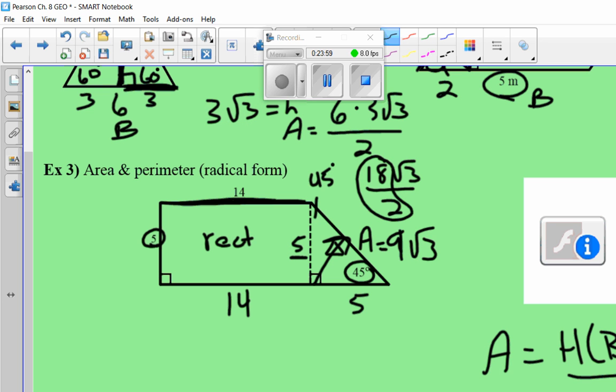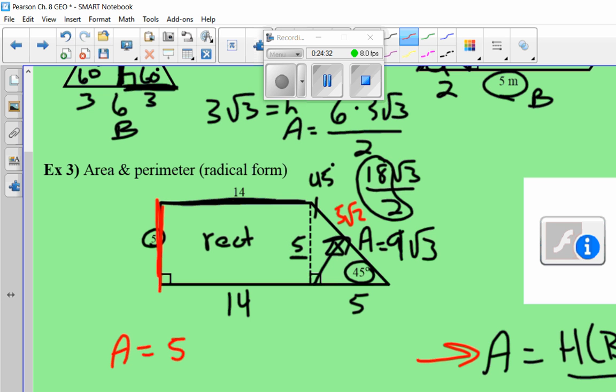All right, and then to find the perimeter, I have to find the hypotenuse of this. If you go back to your relationships, it's the leg times the square root of 2, so this is going to be 5 square root 2. Okay, now I've got everything I need. The vertical height of this trapezoid is 5.